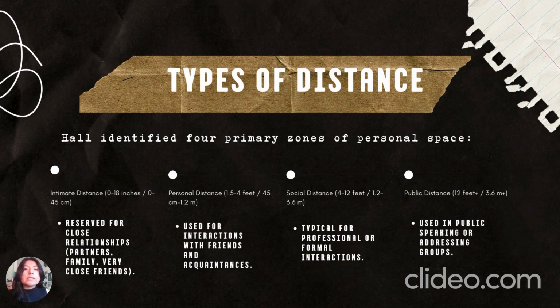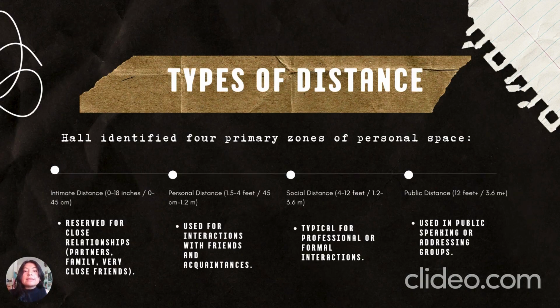This is the space that we use for friends or acquaintances, and it allows conversation while keeping a comfortable personal boundary. Next, we have social distance, which is 4 to 12 feet or 1.2 to 3.6 meters. This distance is common in professional or formal interactions, such as with coworkers or in a business meeting.